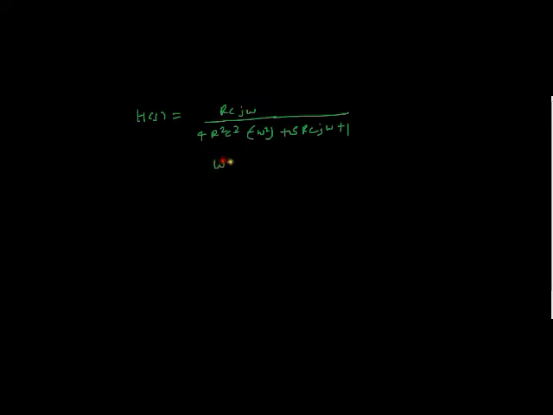For example, just put omega equal to 1 by 2RC in the above equation and see whether we can eliminate the j term. RC j omega, omega is what? 1 by 2RC, right?